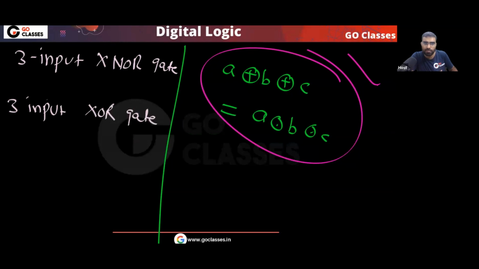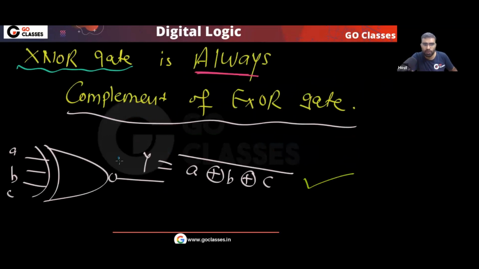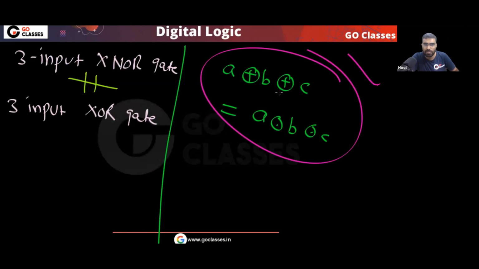Is this clear? They are complement of each other. If you have a 3 input XNOR gate, that will be complement of XOR. But yes, this equation is correct.